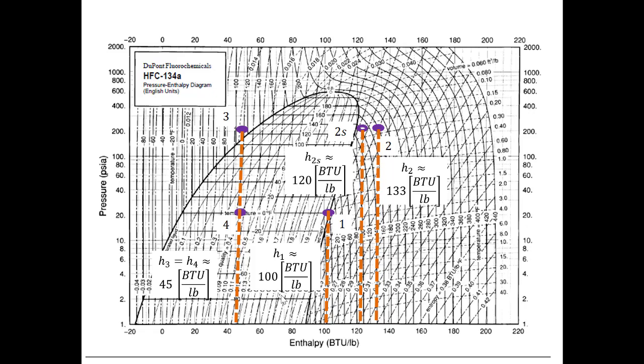So it's different, right? If I'm going to use the chart, I've got to use the chart all the way through the problem. And if I'm going to use the tables in the textbook, I've got to use the tables in the textbook all the way through the problem. And that's what I've done here. I've found all 5 of my specific enthalpies, although 2 of them are the same. So I guess there's only 4 specific enthalpies, even though there's 5 states.